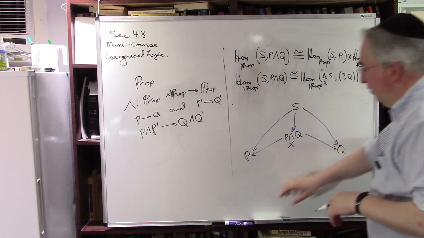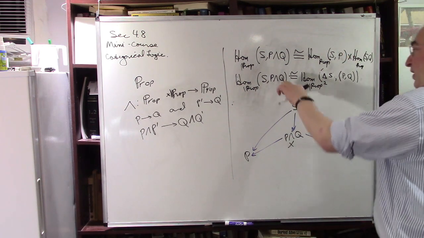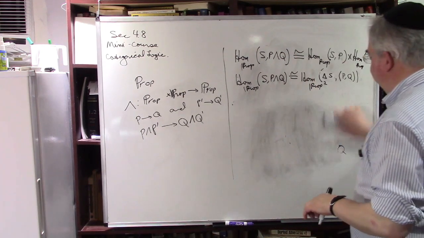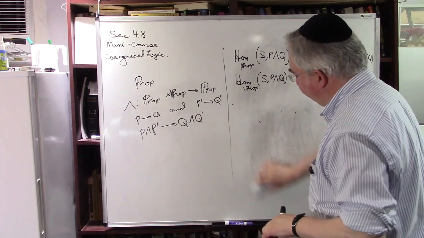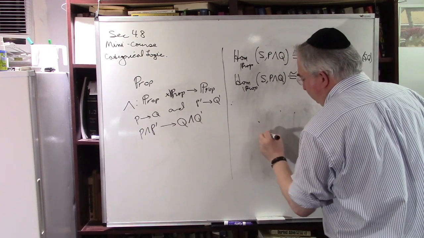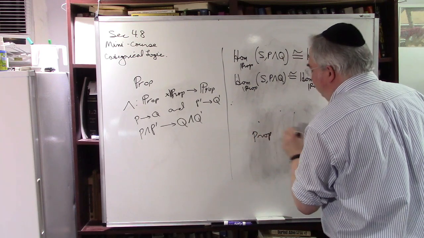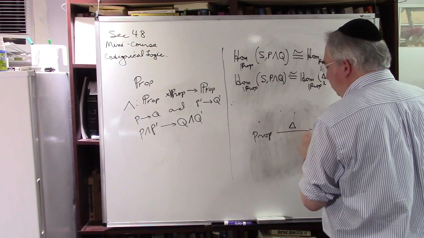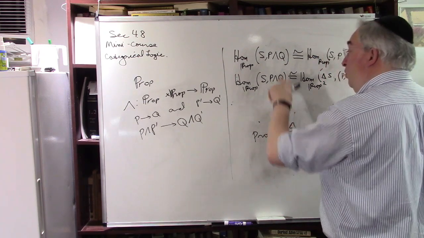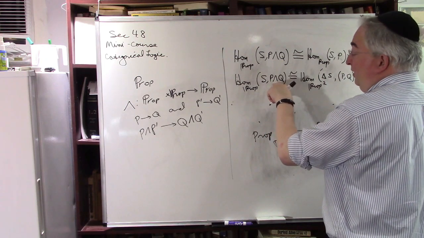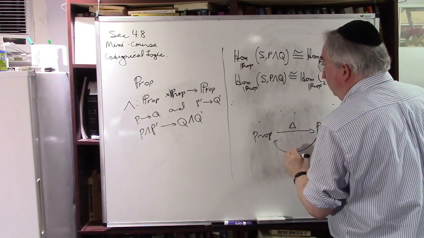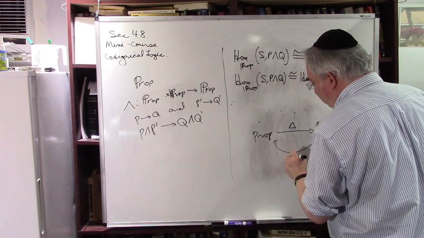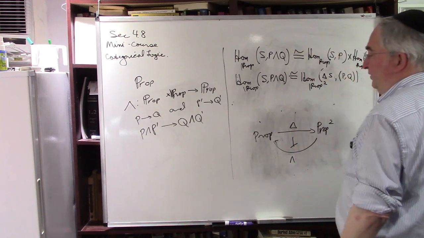So what we see from this, and again, we've seen this before, is that there's a map from Prop to Prop squared called delta. And the AND is a right adjoint to that.